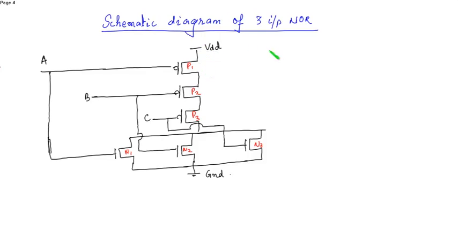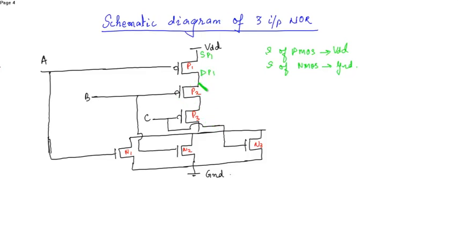The source of PMOS is connected to VDD and the source of NMOS is connected to ground. So this is source of P1, this is drain of P1.